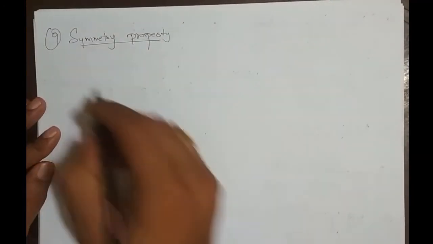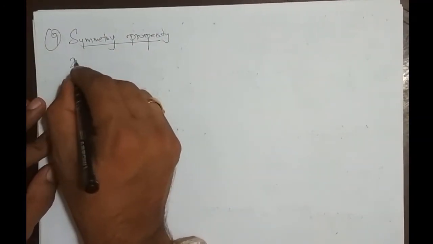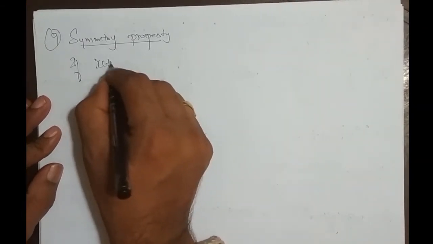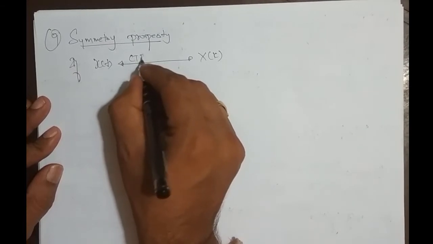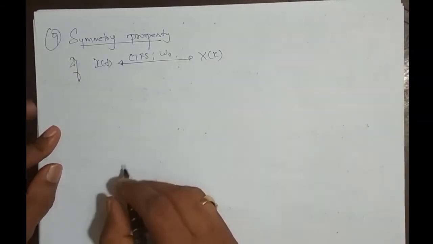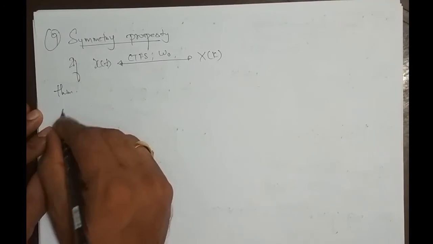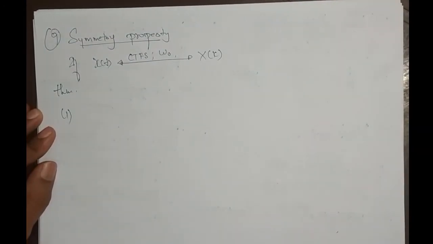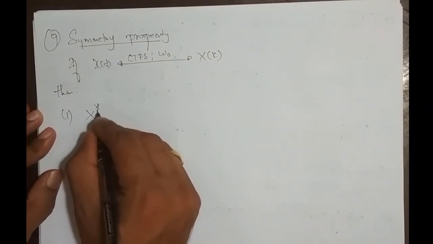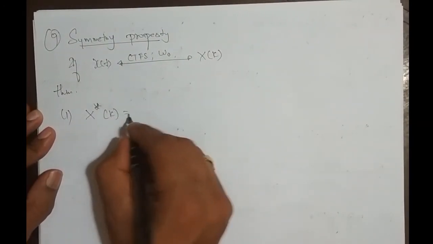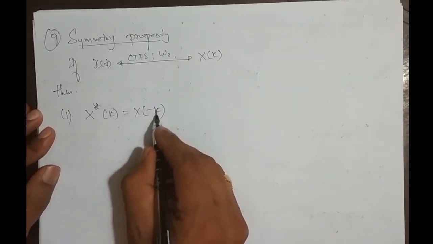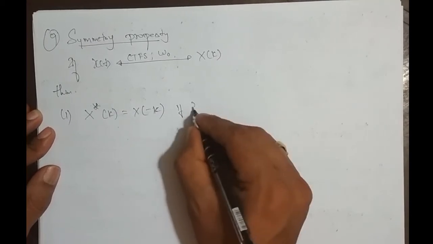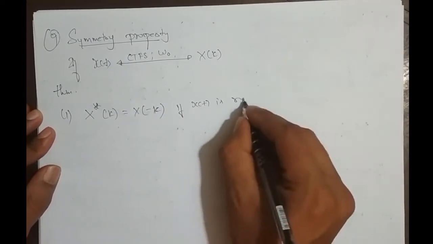Now the last property, the symmetry property. If I have a signal in time domain x of t and I take it to the frequency domain, which ends up with X of k with CTFS and fundamental frequency omega naught, then the first property is that the complex conjugate of X of k becomes X of minus k, the frequency reverse, if x of t is real.